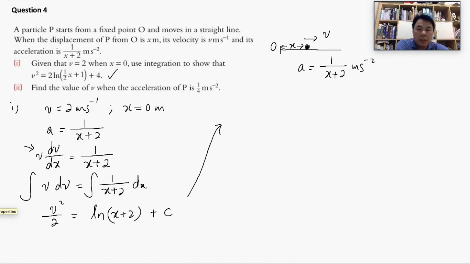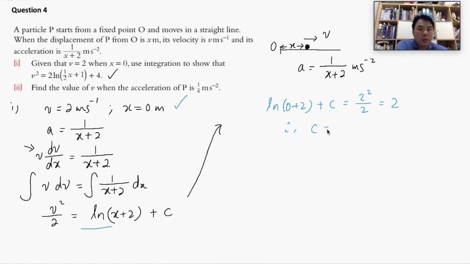So when x is equal to 0, v is equal to 2. We're going to substitute this information into this integrated equation. Therefore, in this case, we have ln(0 plus 2) plus c is equal to 2 squared over 2, which is actually 2.